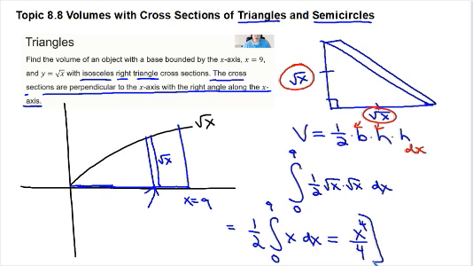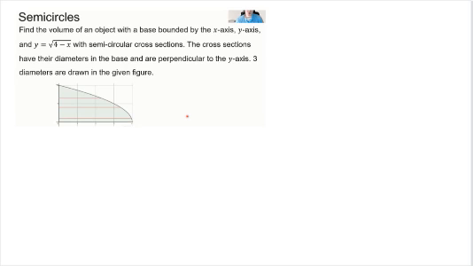We're going to evaluate that from 0 to 9. And we get 20.25. Sorry, that is not an x to the 4th up there. This is supposed to be 20.25. Let's go to our next problem.